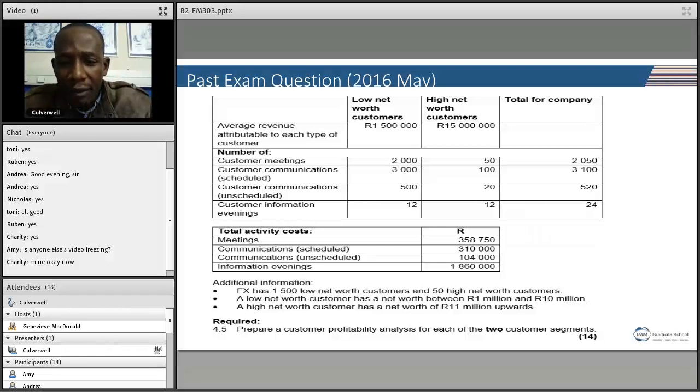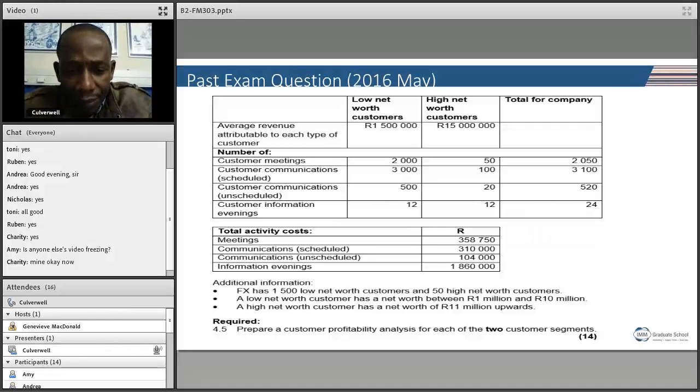Communication unscheduled, 104,000 rand, and information evenings cost the company 1,860,000. So they gave you the total cost incurred per specific activity. For us to get the actual cost for servicing low net worth customers and high net worth customers, we use activity-based costing to do the allocation. We'll get to that shortly. I just wanted to interpret the question there.